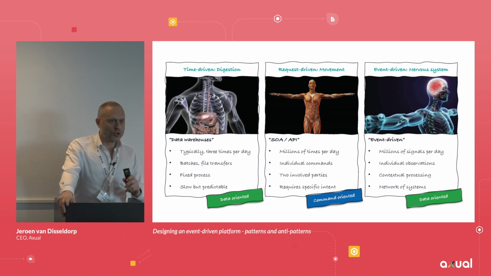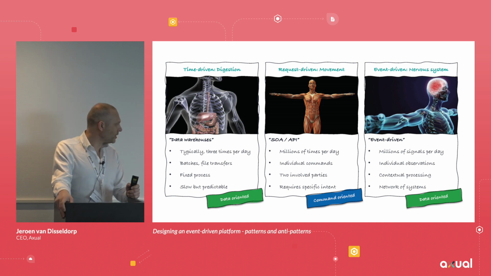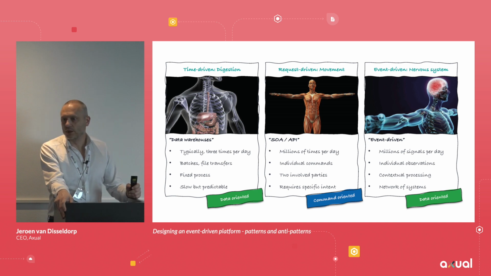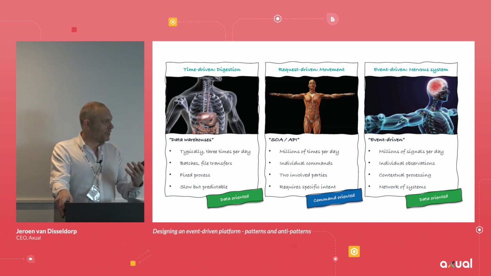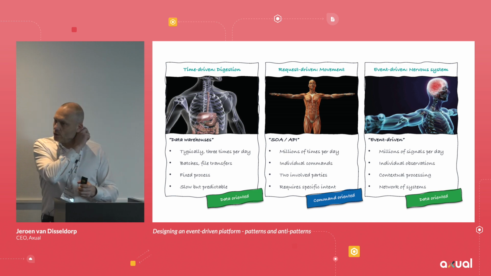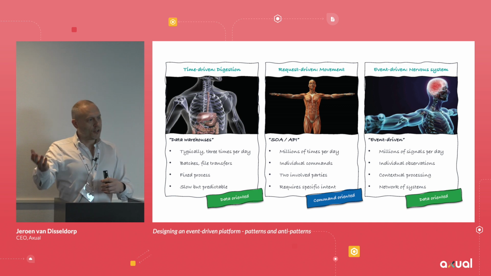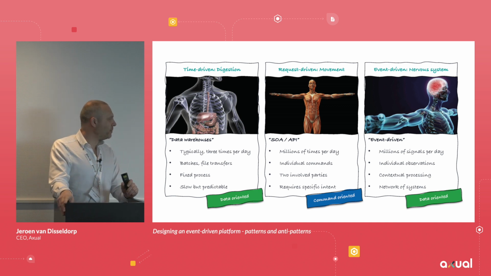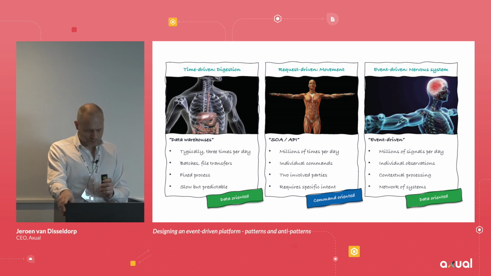It's a server and a client responding to that, and it requires a specific intent. And that intent is often crucial because you send a command to your muscles, either contract or relax, and it's the same thing that you do with APIs. So it's calculate my mortgage or process this meter reading that I got.